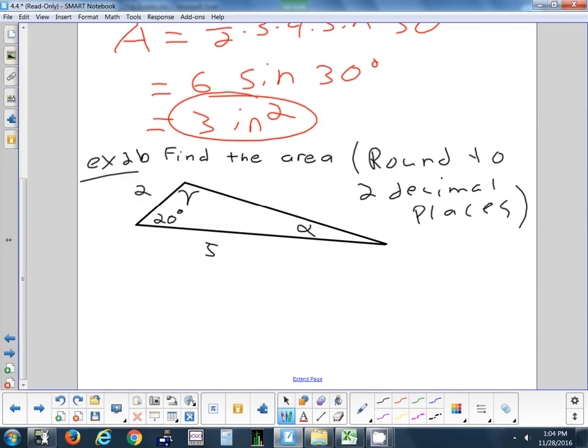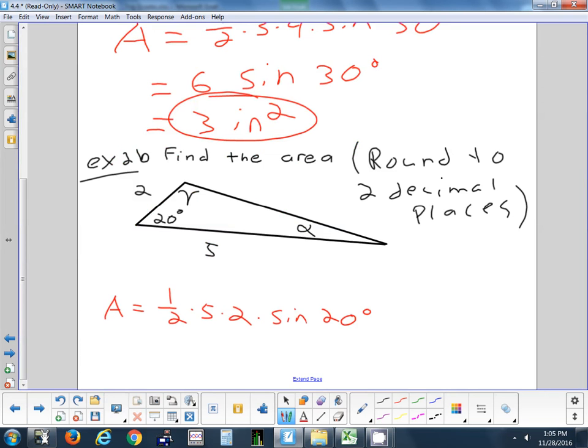So Francis, can you start me off and tell me what the formula for my area would be? A equals 1/2 times 5 times 20 times sine 20. Okay, so perfect. Half the product of the two sides times the sine of the angle between them.